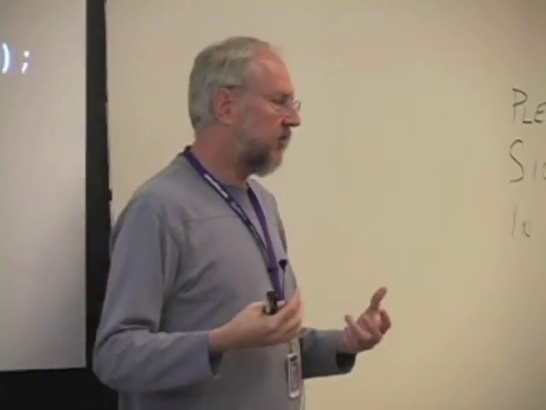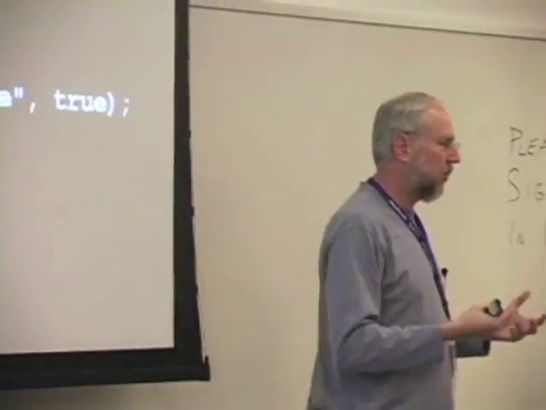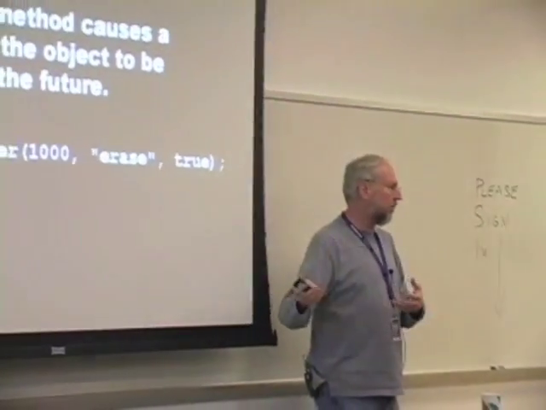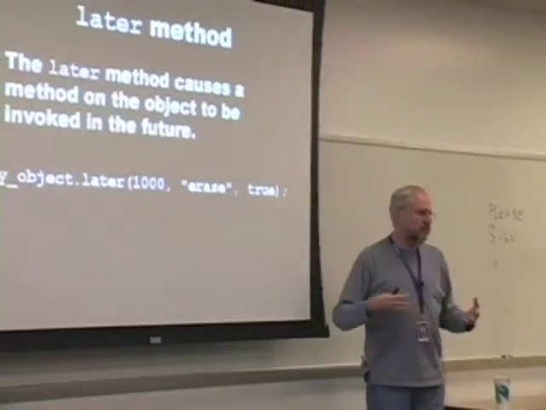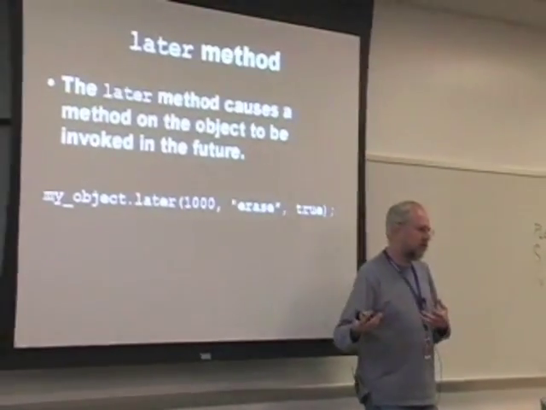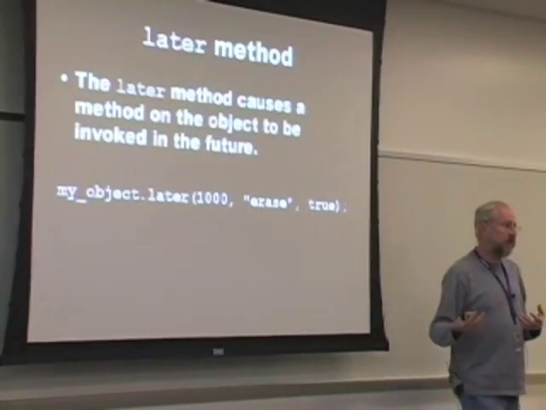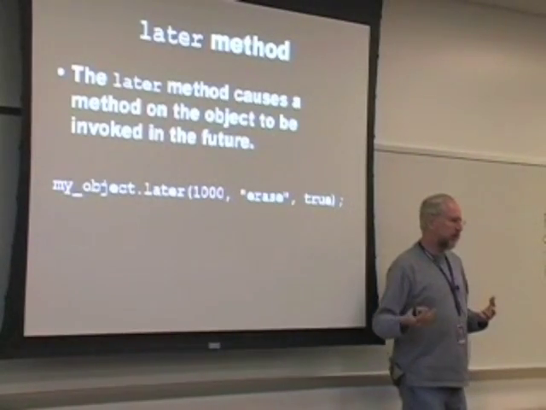Let me give you another coding example. It shows another use of closure. When we're doing AJAX applications, very often we'll have something in the UI which we'll want to do something in a little while or go away in a little while. We want to do timing-based stuff. The browser provides a setTimeout function, but it's not very object-oriented.